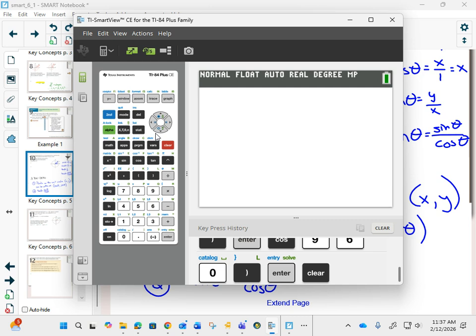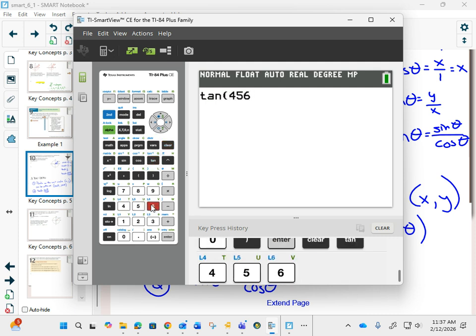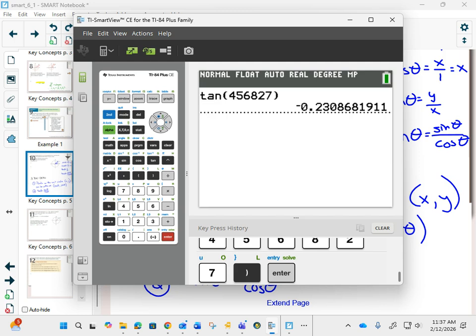What I'm going to get you to do is, in order to make this magician appear to be even more fascinating, pick a number between 1 and 1,000,000. 456,827. Negative 0.23086819911.